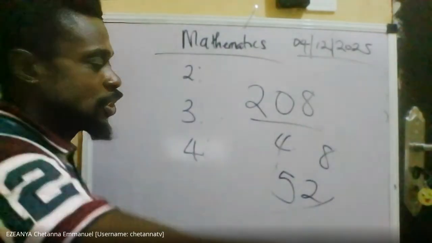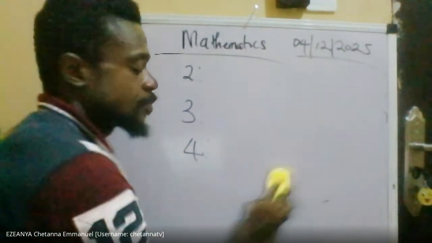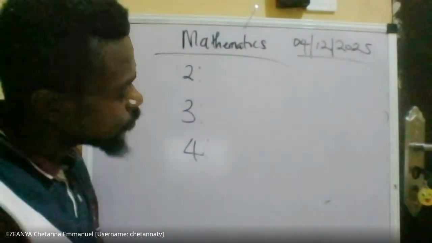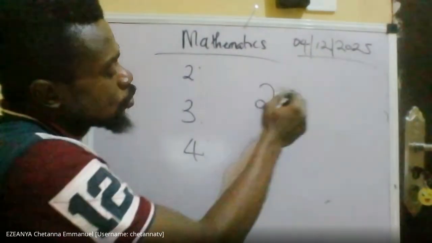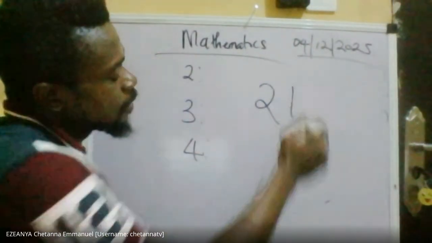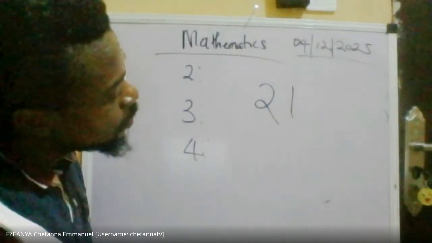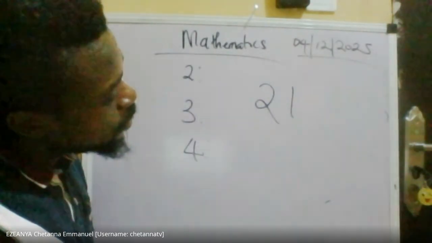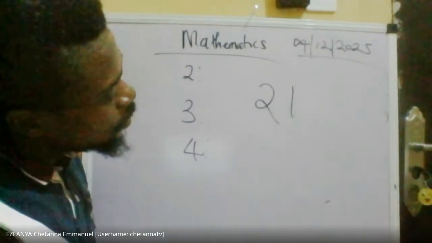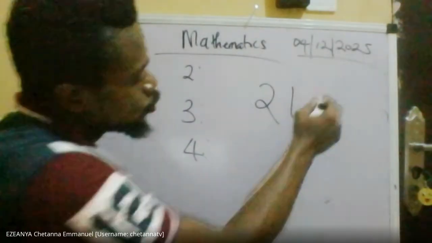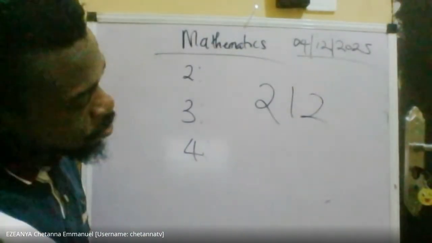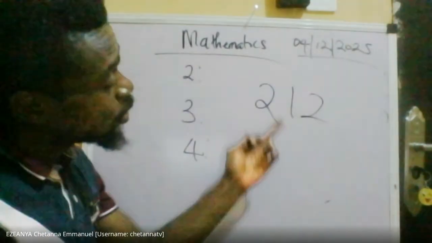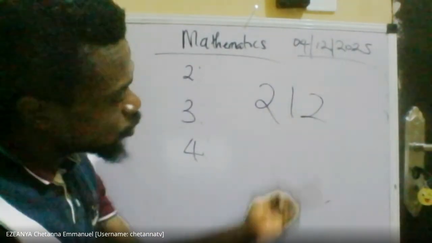Let me check a more complex number. 212. The last two digits are 1 and 2, so 12.